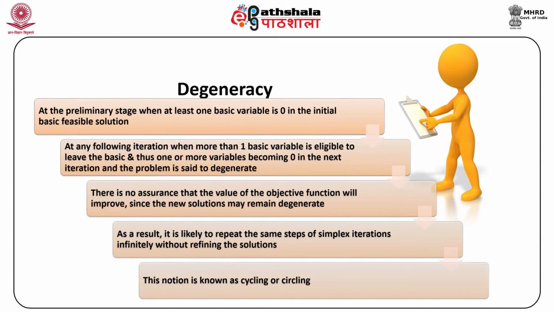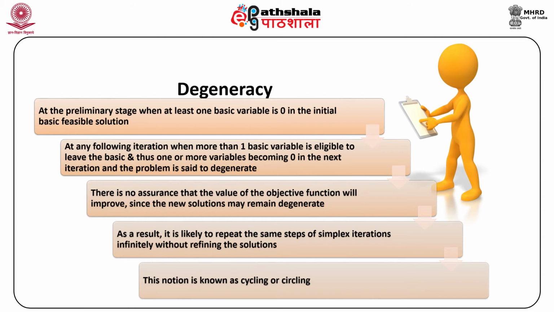At any following iteration, when more than one basic variable is eligible to leave the basis, one or more variables become 0 in the next iteration, and the problem is said to degenerate. There is no assurance that the value of the objective function will improve, since the new solutions may remain degenerate.